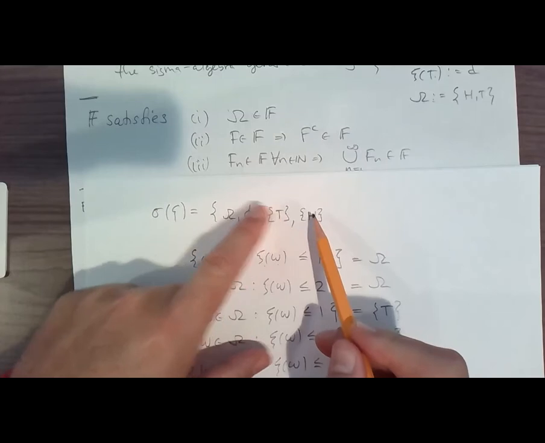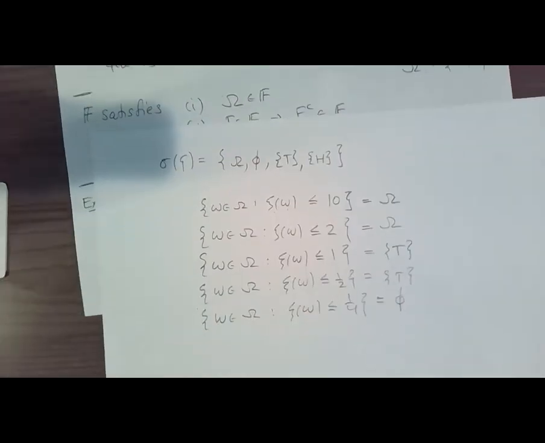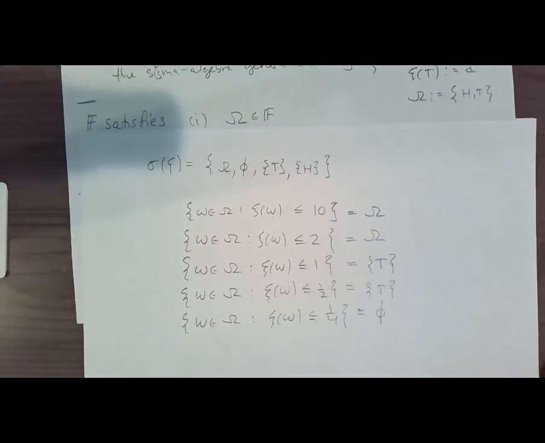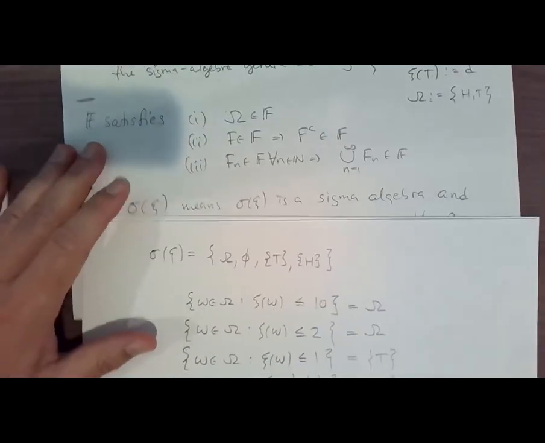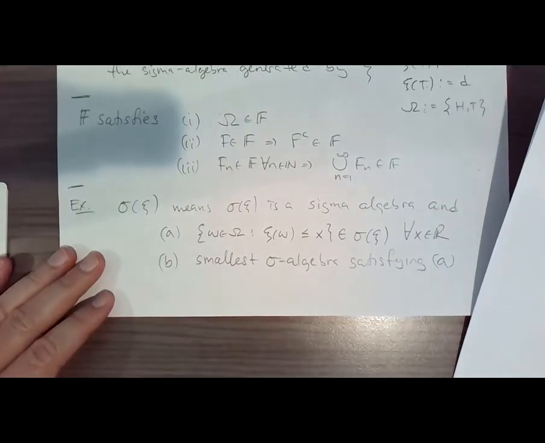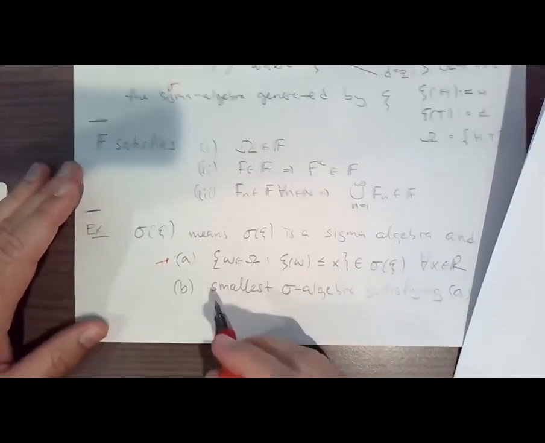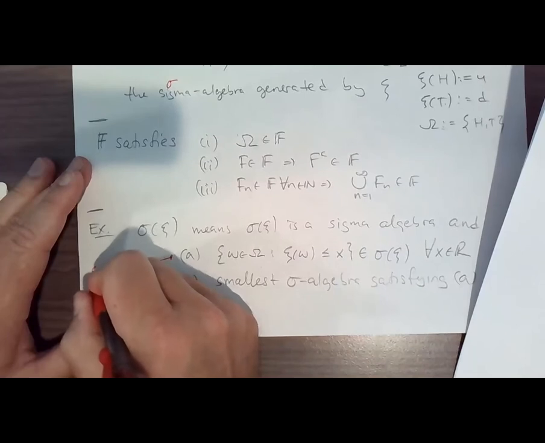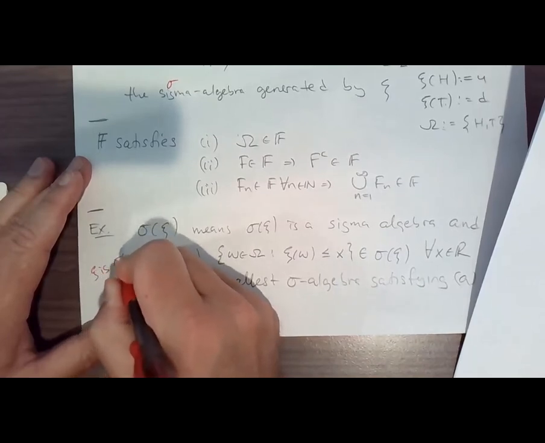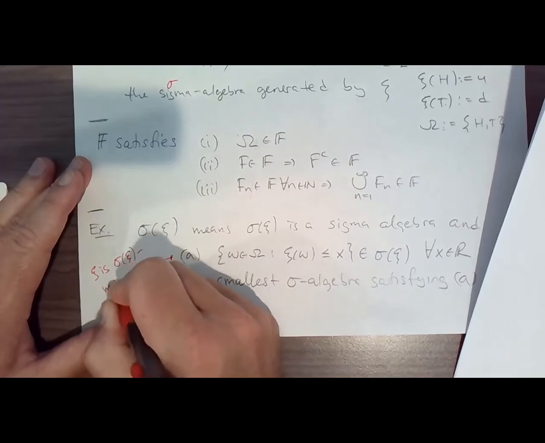Take the union of these two, I'm going to get omega. This looks good. This is the smallest sigma algebra that has this property, the property number A. Property number A has its own label. What that means is that psi is sigma of psi measurable.